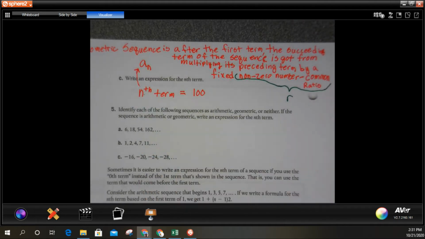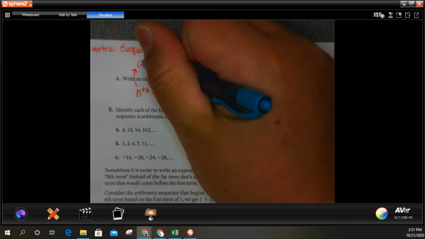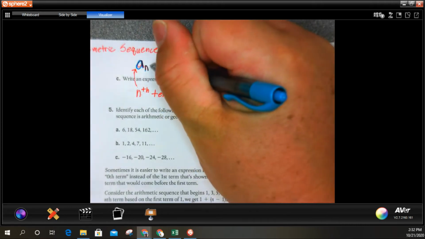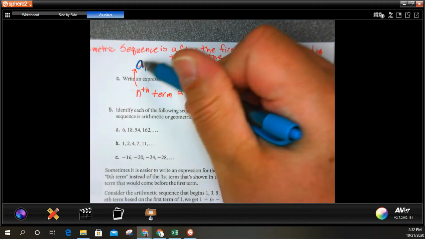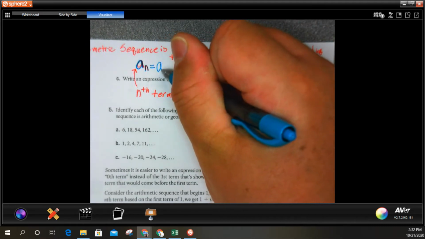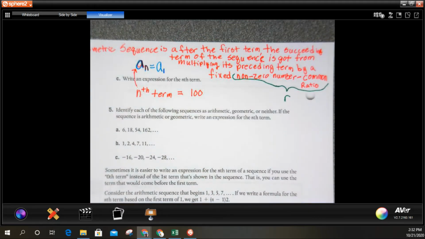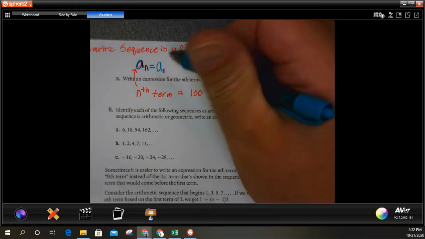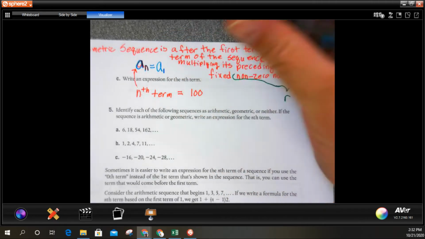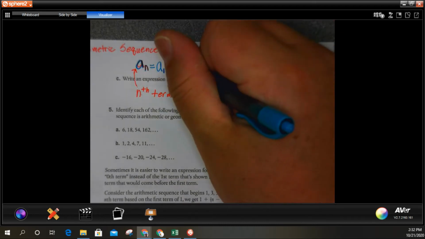So my first term is going to be that little a sub 1, and I'm going to multiply it, and I don't need a dot because I'm using variables, by that common ratio.